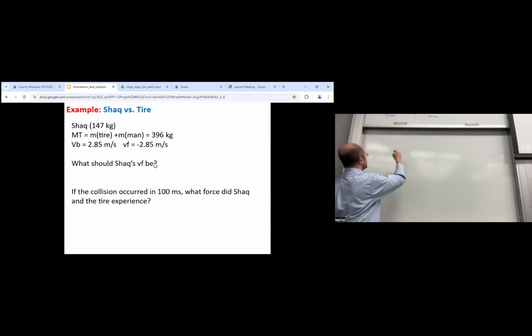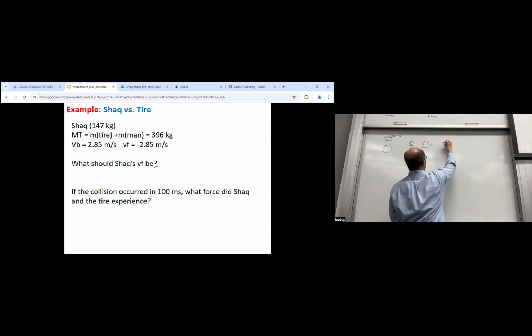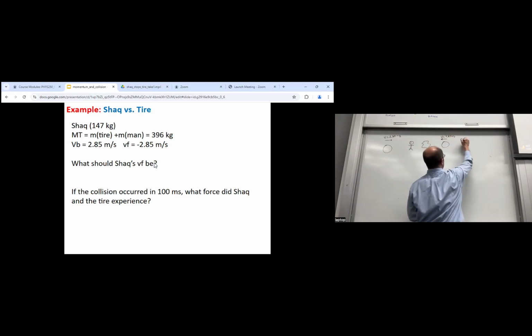So we're gonna say that we have some tire. And our tire is moving at 2.85 meters per second. And then we have Shaq. And so this tire is going to end up hitting Shaq. So that's an event. And afterwards, they tell us the tire goes back the other way at 2.85 meters per second.